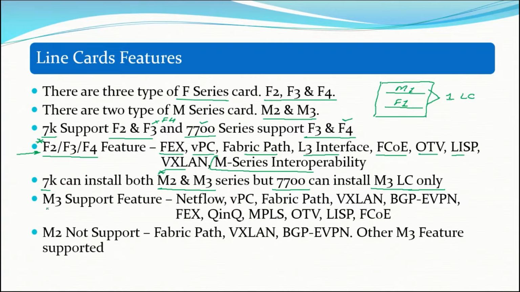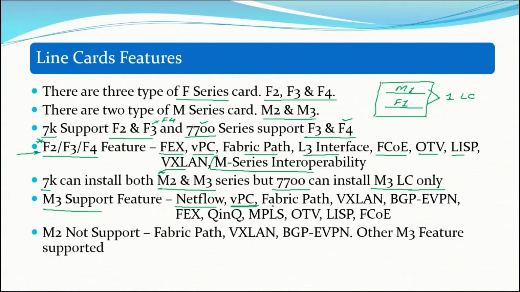But if you notice here, the M3 features support NetFlow, which is layer 3 functionality, but they also support VPC, which is a layer 2 extension, layer 2 port channel. So this M series is also supporting layer 2 port channel.